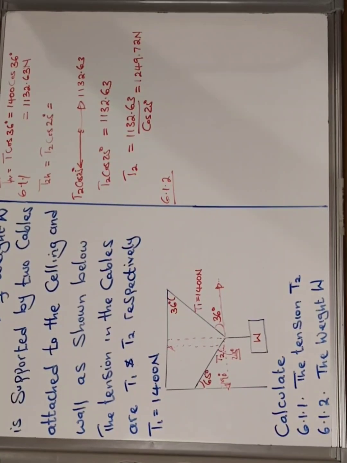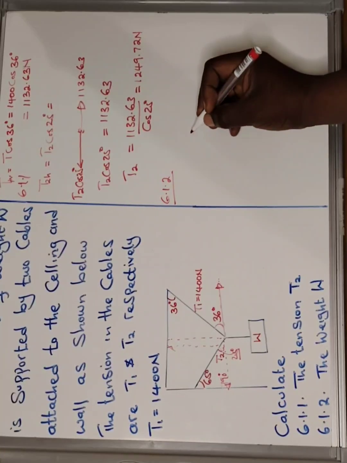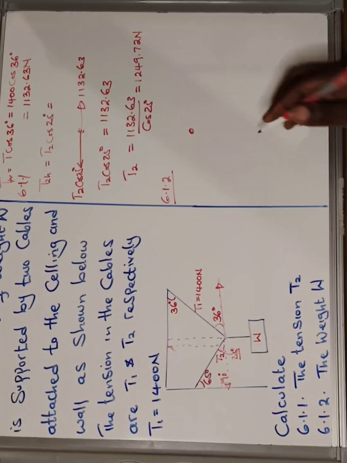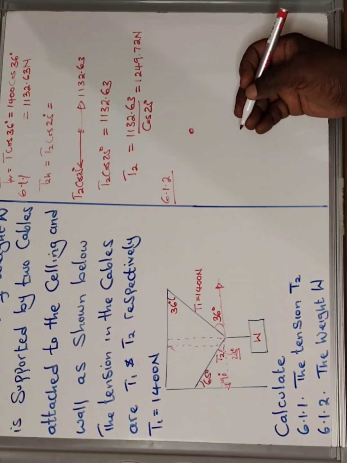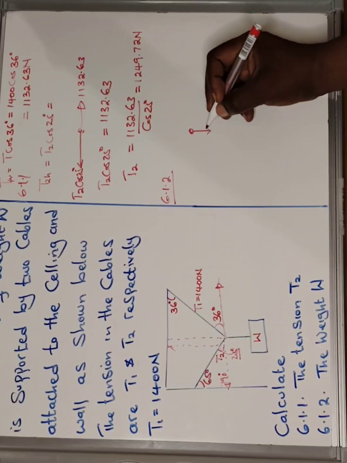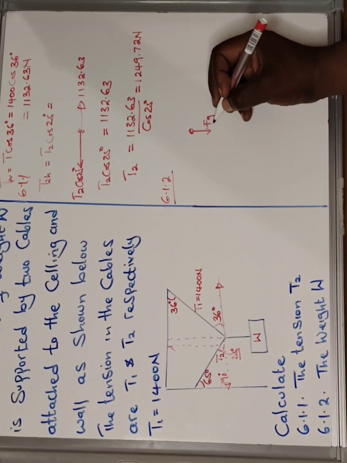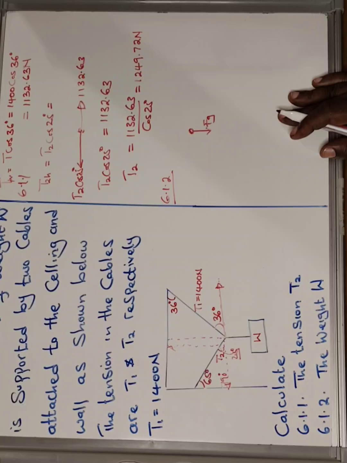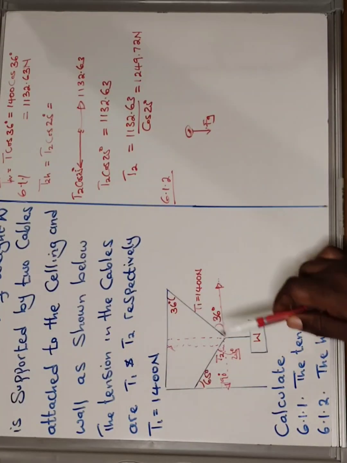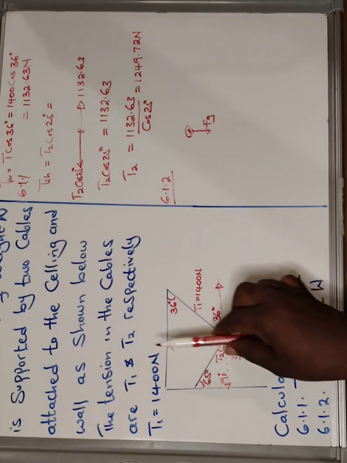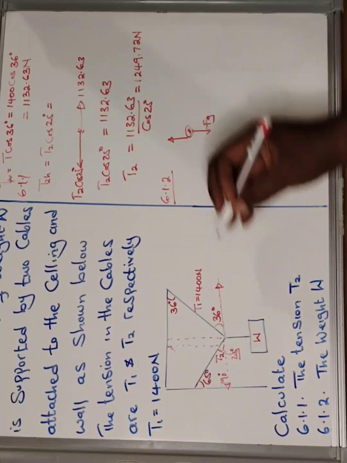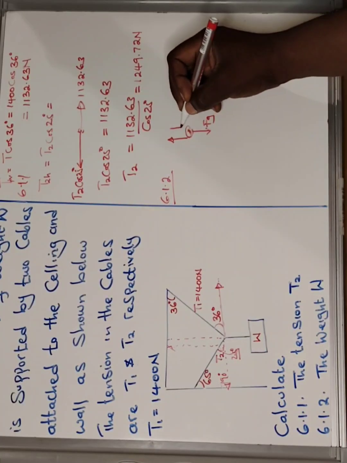Here we'll need to recall also that the weight is not moving. And if it's not moving, therefore these are the forces which are acting on it. One, we know it's Fg. And two, we know that there's a force due to this tension, and there's a force due to another tension.